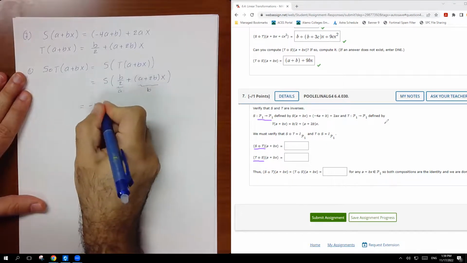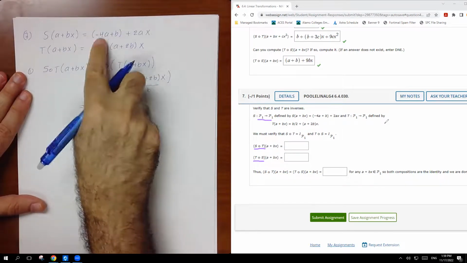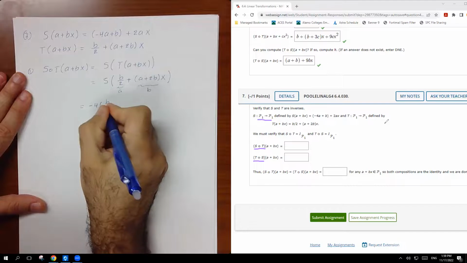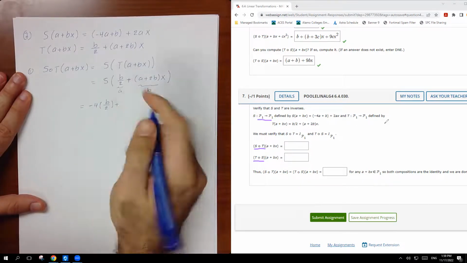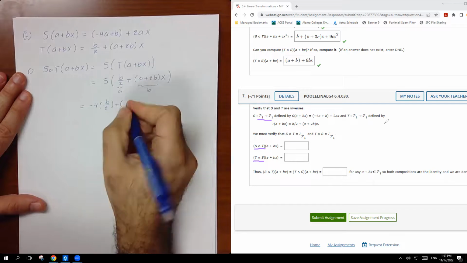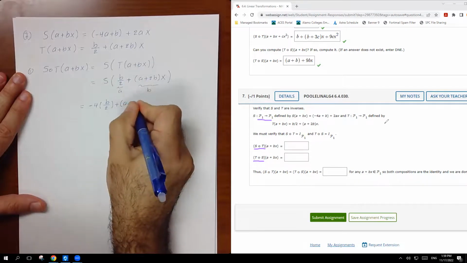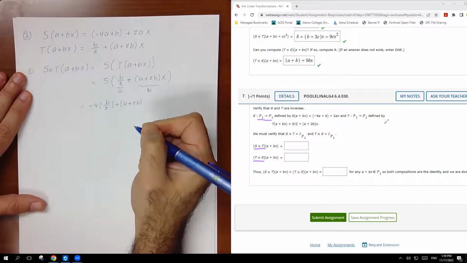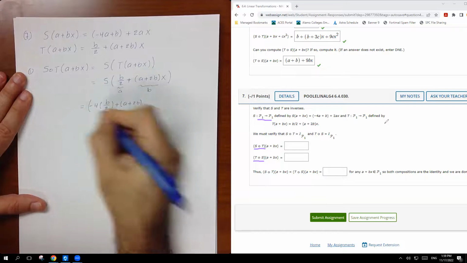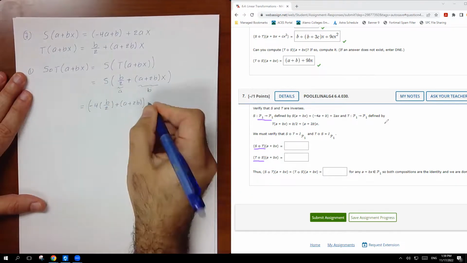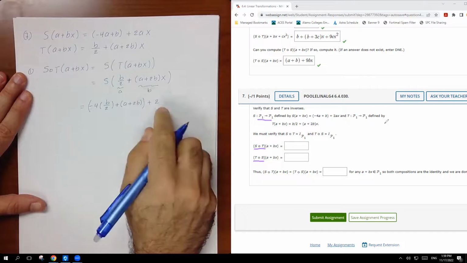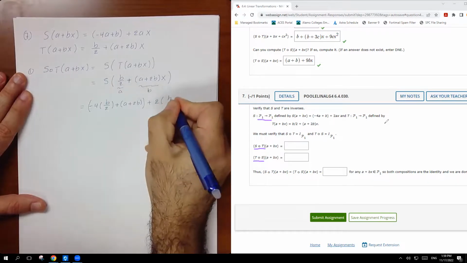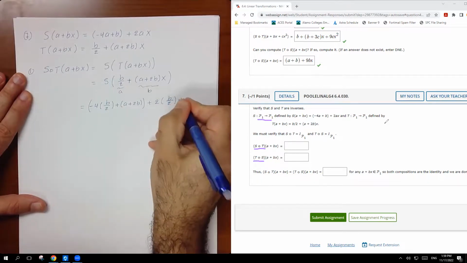Negative 4 a is this part, which is b over 2, plus b, which is a plus 2b. This is for the first part. Plus 2a is b over 2, and here is x.